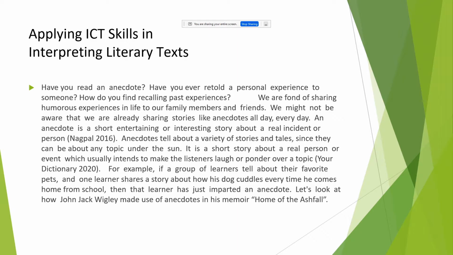Especially daw po, the world today is more or less 90% invaded by multimedia technology. And in literary text, for example an anecdote, real life stories serve to entertain and to ponder. It talks about a real person or event that happened.